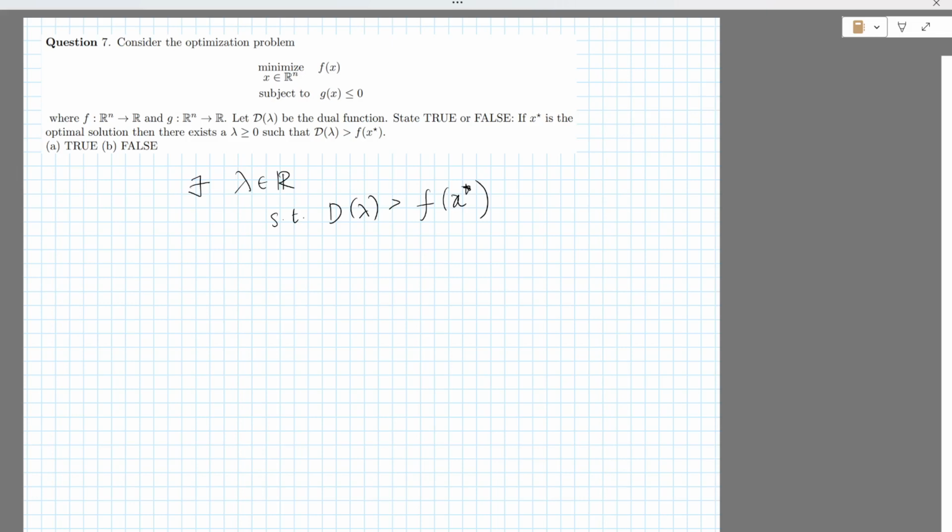So by definition, the dual lower bounds the primal optimal. Okay, how is that? Because dual is the infimum over x, right?